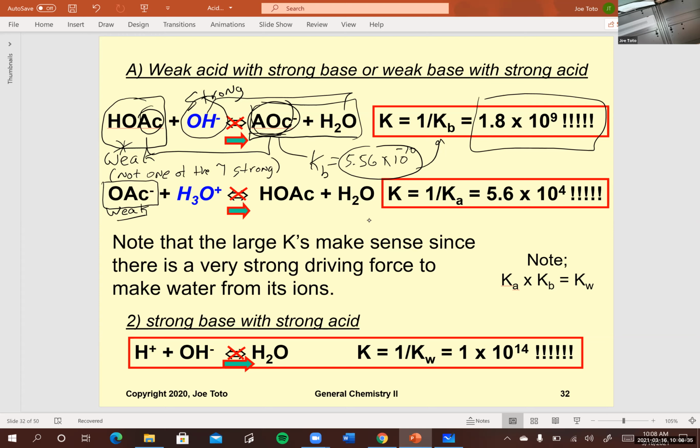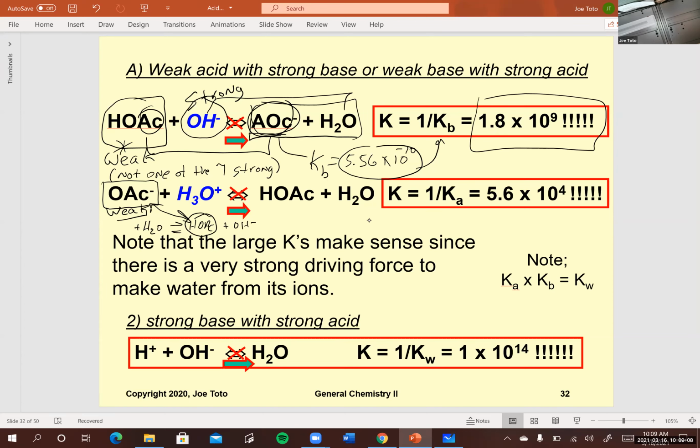How do I know it's weak? Because if I react this with water, then I know it forms an equilibrium with acetic acid, and that's weak. So when I have a conjugate that forms another weak, I know it's weak.